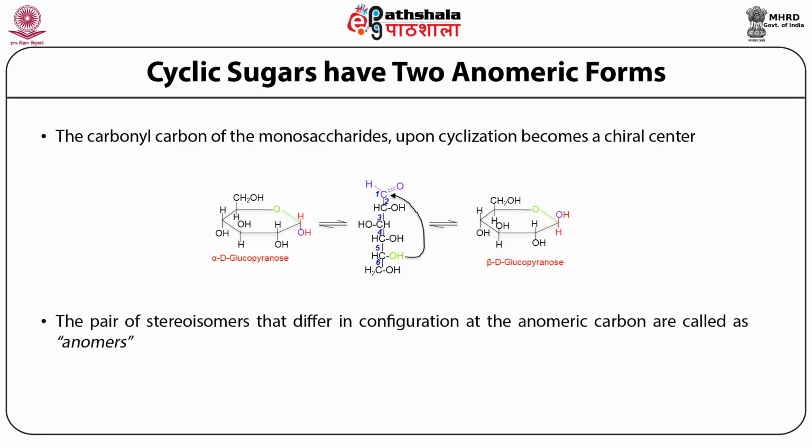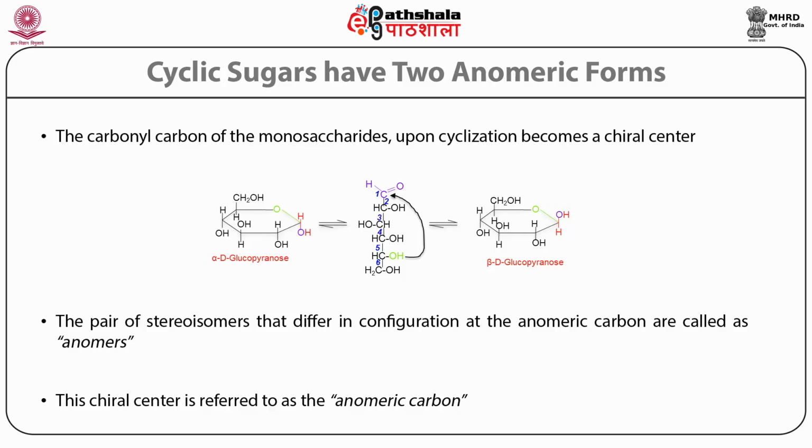So the pair of stereoisomers that differ in configuration at the anomeric carbon, which is C1, are called anomers, and this anomeric carbon then becomes a chiral center.